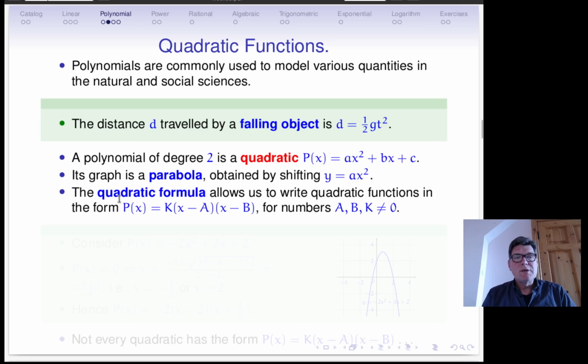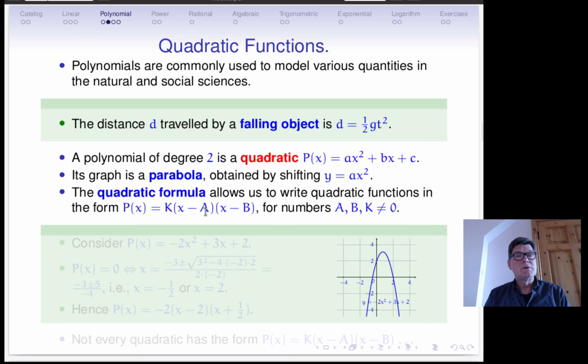The point being, using the quadratic formula to find the zeros of a quadratic polynomial allows us to write the quadratic, which here is given as a sum of things, in a new form as a product of things, which is useful in its own ways.